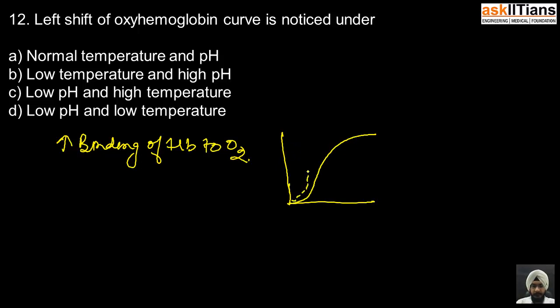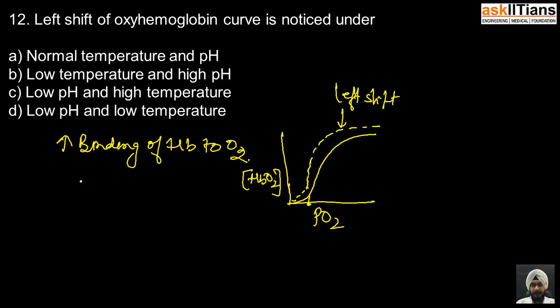The left shift will be this, the dotted line, which basically means that at one particular partial pressure of oxygen, at this particular pressure of oxygen, there will be more oxygen bound. This will be the left shift.